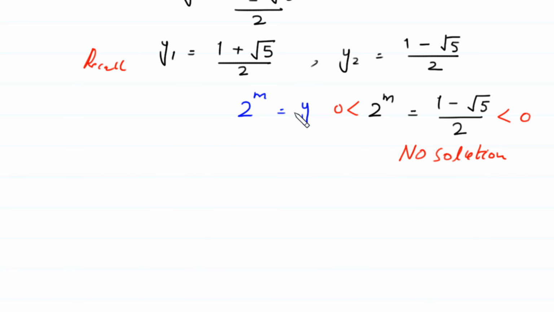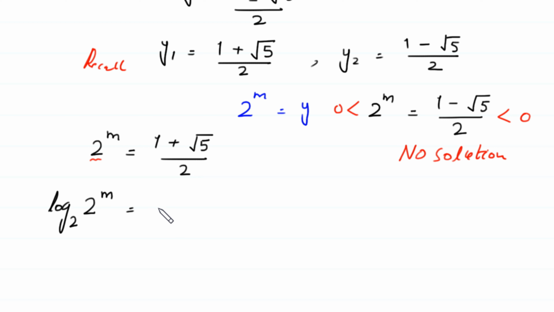Now in this equation we put this value of y, 1 plus square root of 5 over 2. 2 to the power m is equal to the value of y, which is 1 plus square root of 5 over 2. Now because here we have base 2, we take log base 2 of both sides. Log base 2 of 2 to the power m is equal to log base 2 of 1 plus square root of 5 over 2.